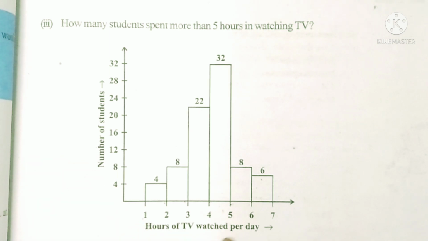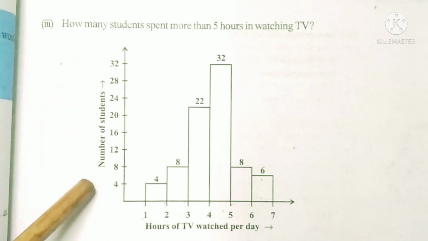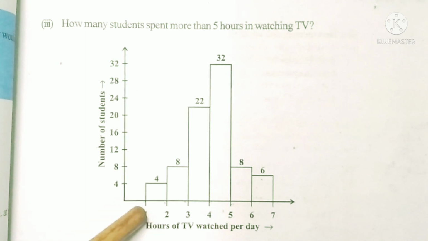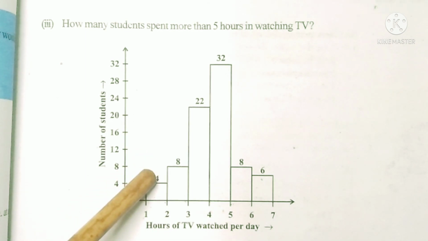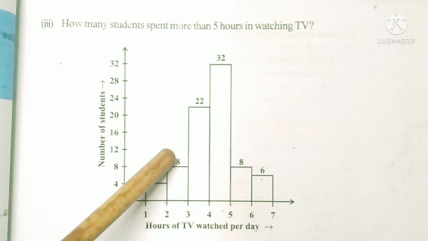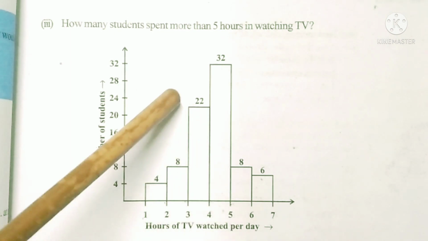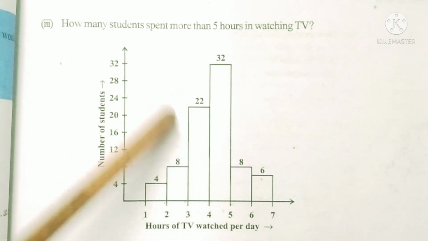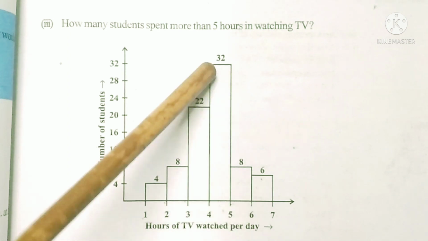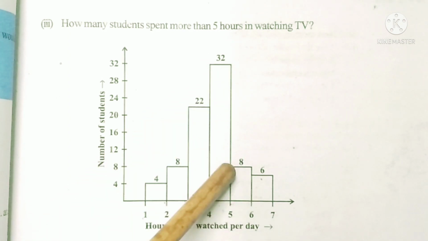Hours of TV watched per day here on the x-axis and the number of students on the y-axis. Now here you see the 1 to 2 hours, 4 people are watching, 2 to 3 hours, 8 people, 3 to 4 hours, 22 students, 4 to 5, 32 students, 5 to 6, 8 students and 6 to 7, 6 students are watching TV.